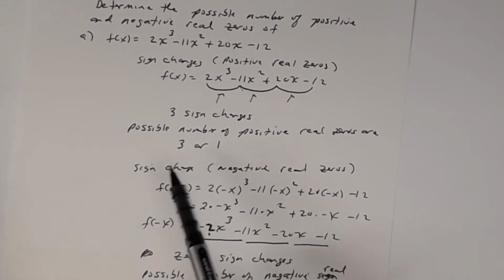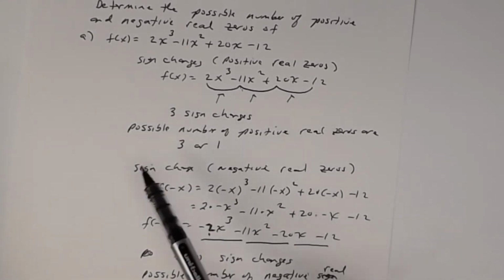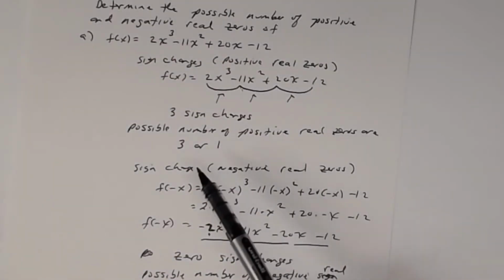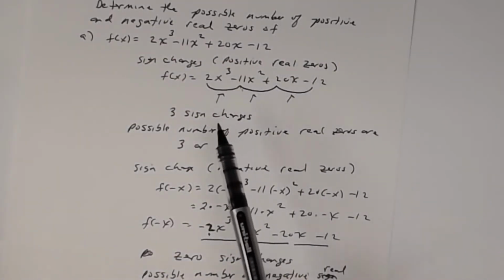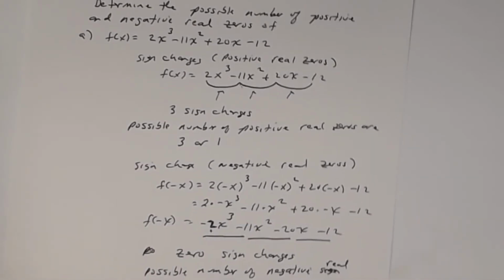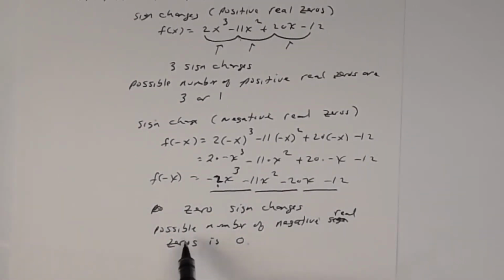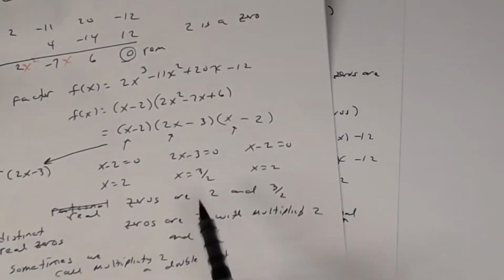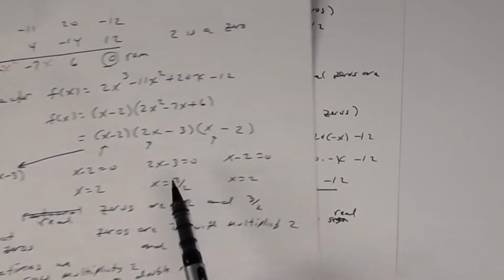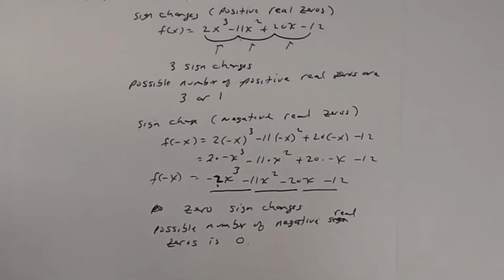So when you actually do this part here, you're going to see that according to Descartes' rule of signs, you're going to have 3 or 1 real zero, and no negative real zeros. And you didn't have any, right? You only had 3, and none were negative. All right, so that's how you answer this question.